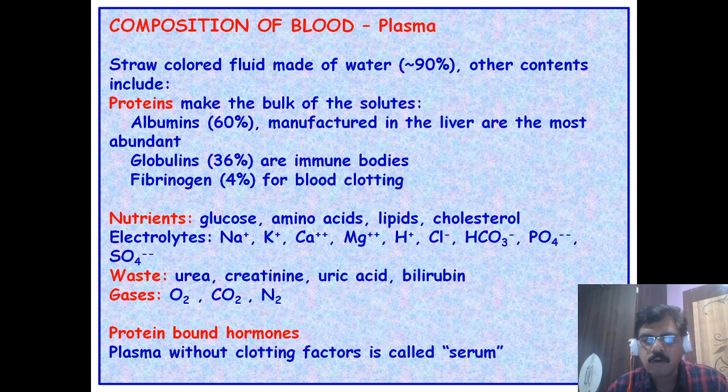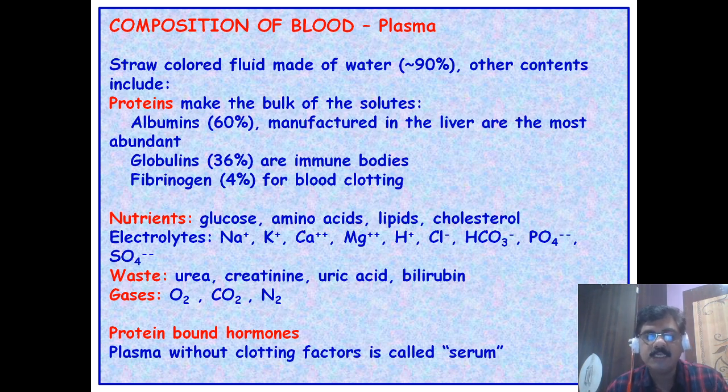Among the electrolytes are sodium ions, potassium ion, calcium ion, magnesium ions, hydrogen ion, chloride ions, bicarbonate ions, phosphate ions, sulfate ions. All these are the electrolytes present in the plasma. The waste materials dissolved in the plasma are urea, creatinine, uric acid and bilirubin.